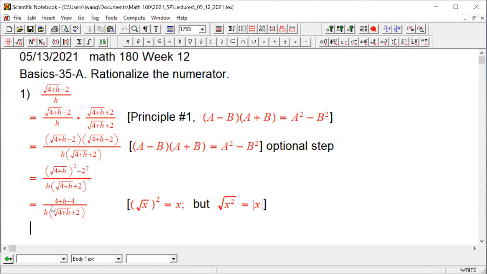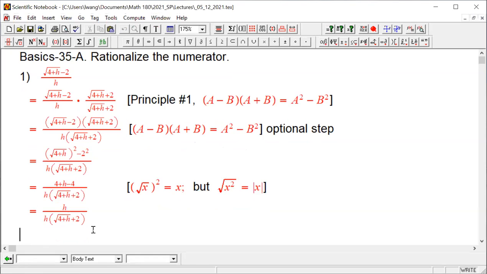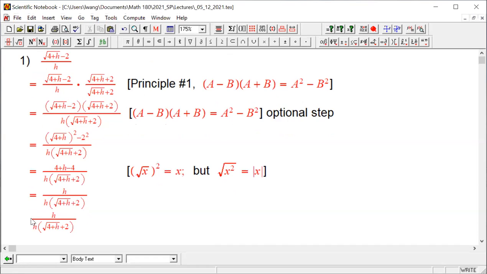So by this time, we're almost there. Your part of your calculus task is almost over. Because you just do 4 minus 4, that's going to be just h left, and h is reduced, and your final answer is going to be what?